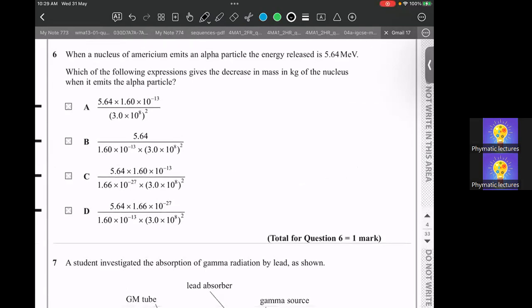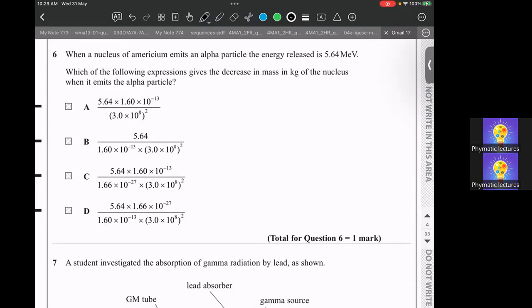Question number 6. When a nucleus of americium emits an alpha particle, the energy released is 5.64 mega electron volt. Which of the following expressions gives the decrease in mass in kilogram of the nucleus when it emits the alpha particle?